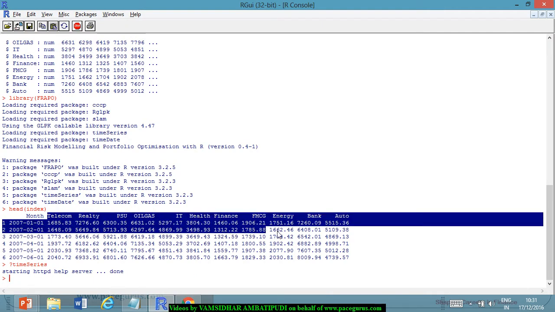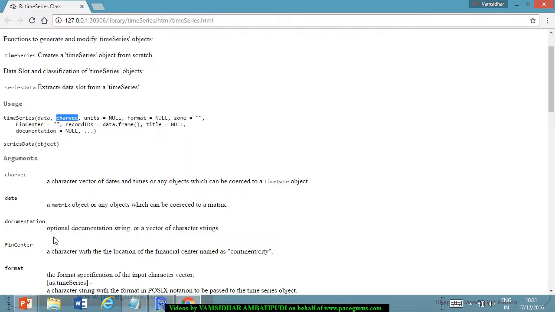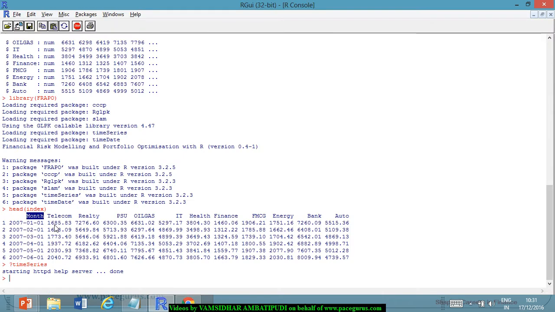So right from here till here, all these columns are representing the time series data. This column is not representing time series. It's actually an indicator for the time, so I would not consider this as a part of the time series. Only these I want to consider as a part of the time series.